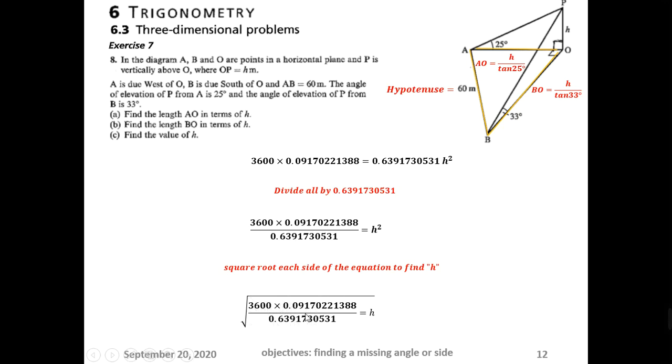This is ready to be inserted in the calculator, and if you insert it, you're going to find h as 22.7 meter, and this answer is correct to 3 significant figures.